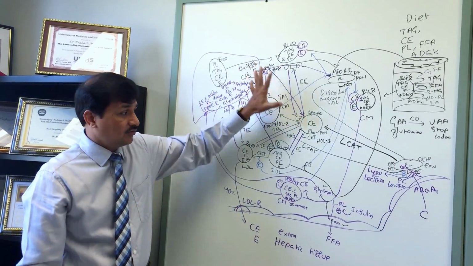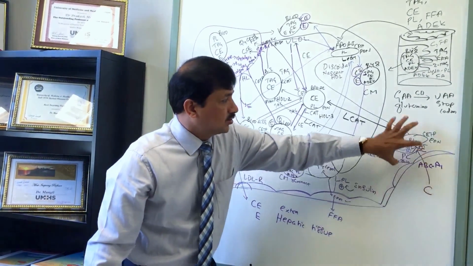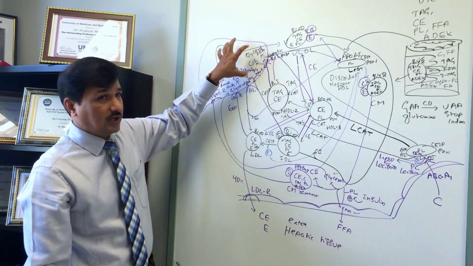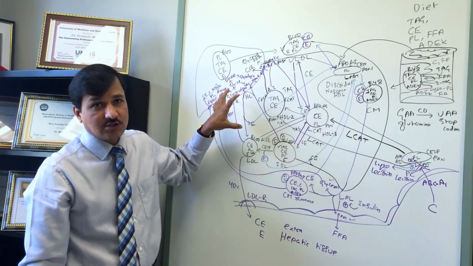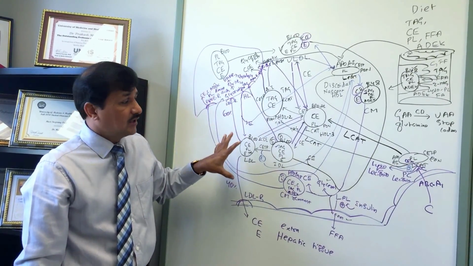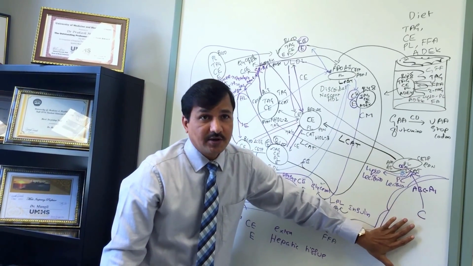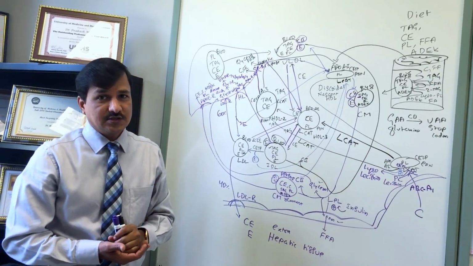The reverse journey is from peripheral tissues to discoidal nascent HDL, HDL3, HDL2 and then to the liver. That is the reverse journey of cholesterol, and that is the reverse cholesterol transport mechanism. With this, HDL is not allowing cholesterol to accumulate in the peripheral tissue, and that helps in the prevention of atherosclerosis. Thank you.